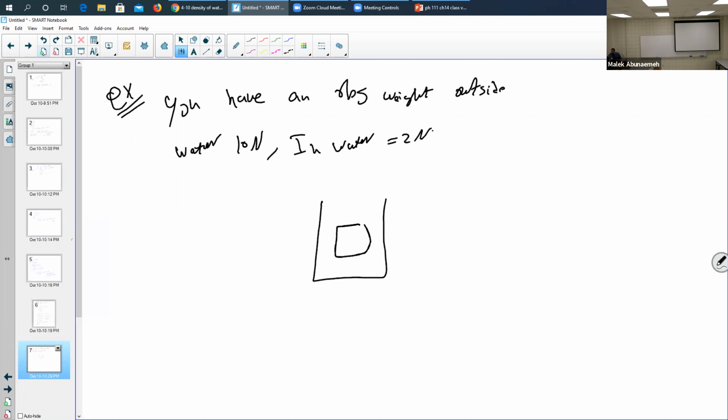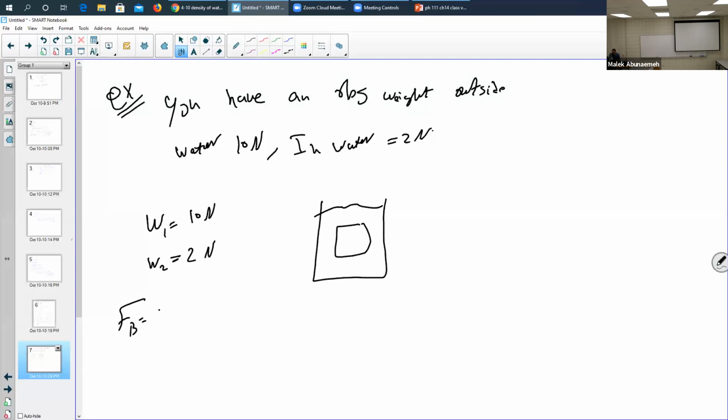That means your object is going to be immersed in some kind of liquid, in water, right? So your weight 1 is going to be 10 newtons. Your weight 2 is going to be 2 newtons, not 12.